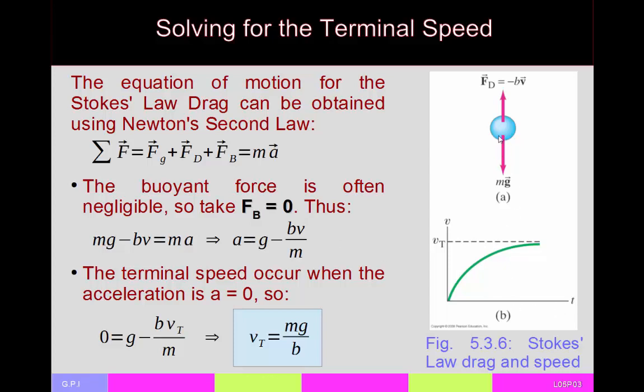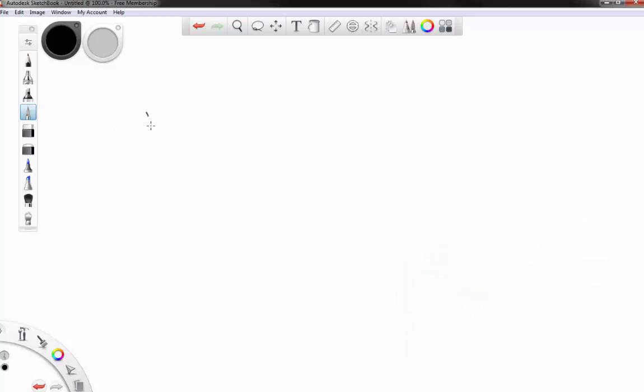And what this basically looks like, by the way, in the higher density fluid is that the velocity will be increasing, but it will be increasing like 1 minus some exponent to a negative power. So what that looks like is the speed actually is going to look like mg over b times 1 minus e to the negative bt over m.